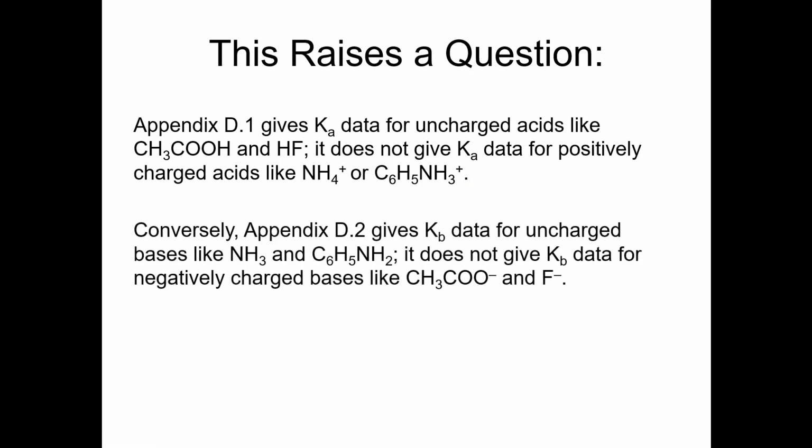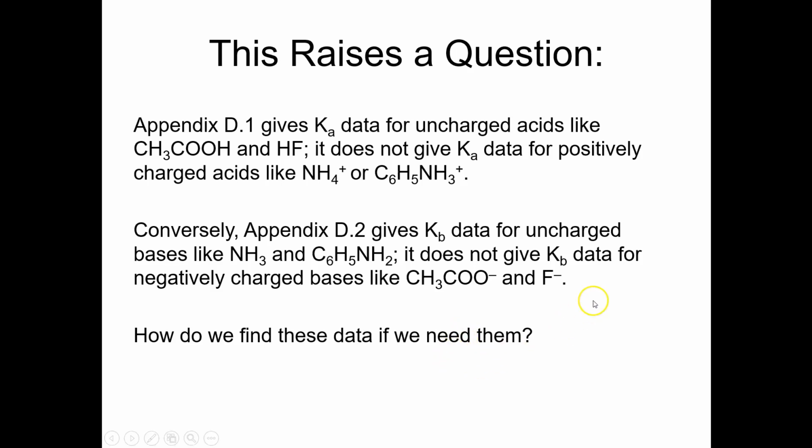On the other hand, Appendix D2, which gives a bunch of Kb data, gives data for uncharged bases like ammonia or aniline, but it doesn't give Kb data for any of the negatively charged bases that we normally think of, like acetate or fluoride or nitrite or cyanide or hypochlorite. So the question this raises is, how do we find these data if we need them?